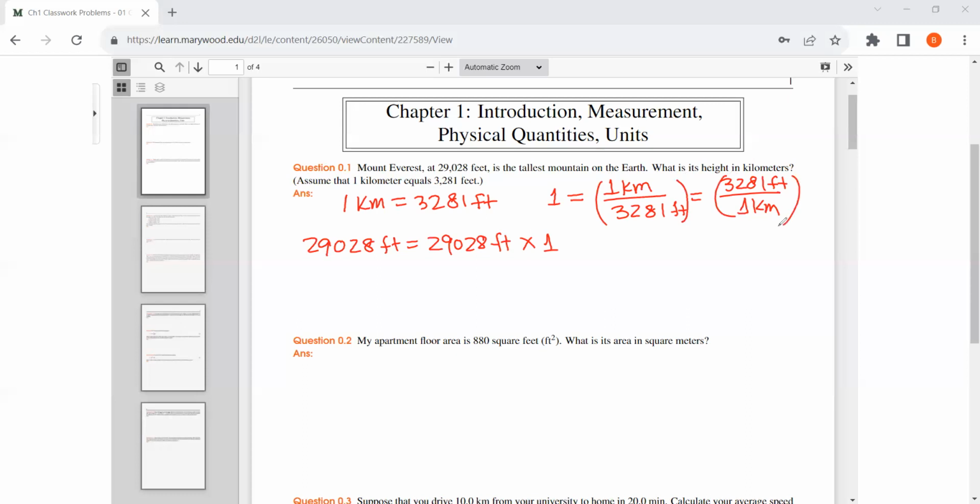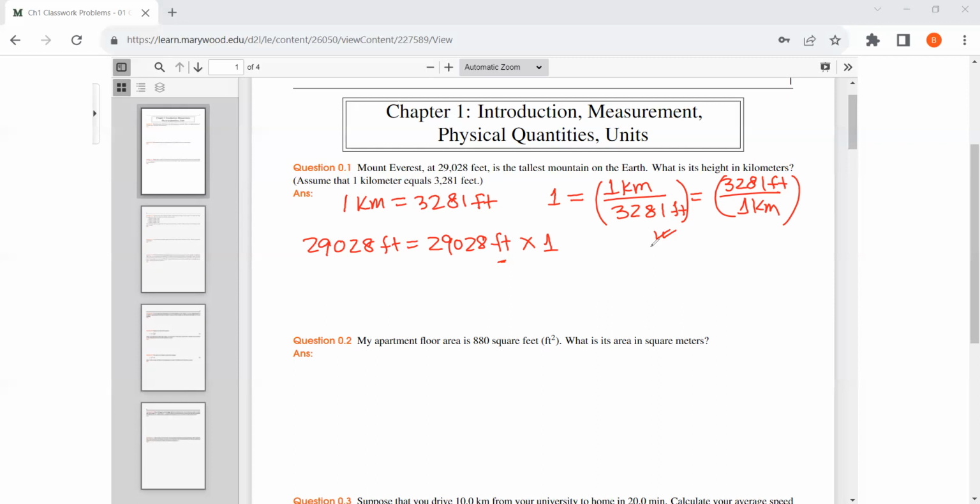We have to choose it carefully so that we can cancel feet, and our result is in kilometer. The good choice will be this one, because feet here is in the numerator, so we need feet in the denominator to cancel it out.